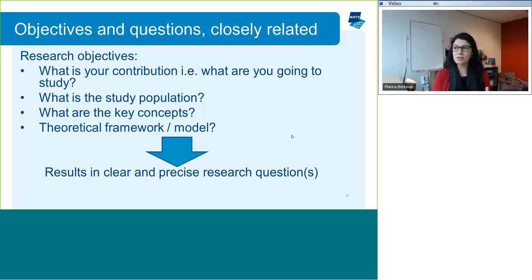One of you, for instance, already spotted a theory which is called menu psychology, which is not a robust theory, but a theoretical framework which helps the graduate to find this lens and use this lens when answering the research questions that she has formulated. So the objectives and the questions are very much related.